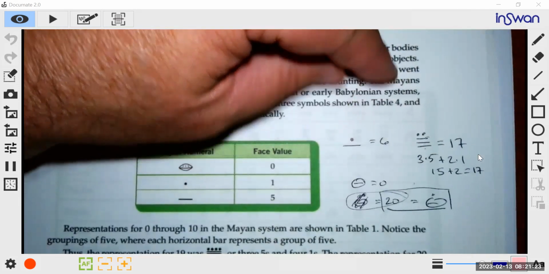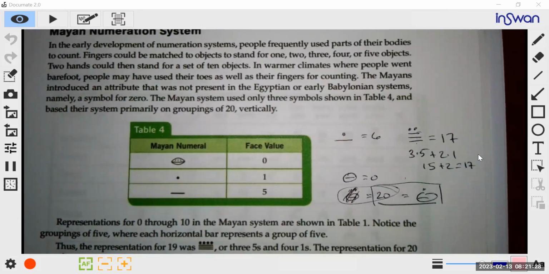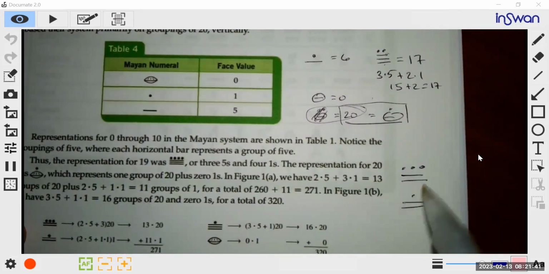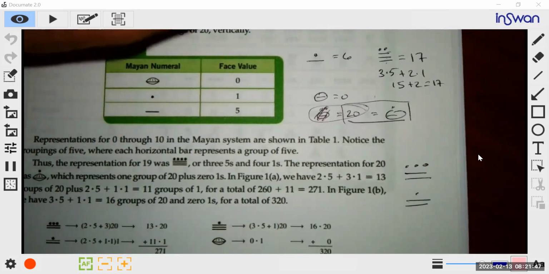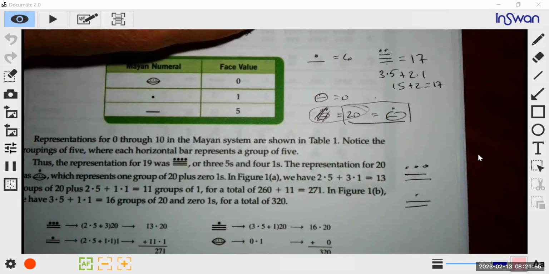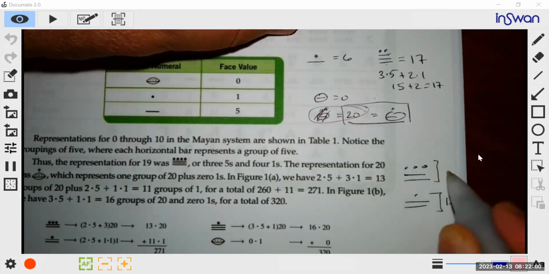All right, so let's look at this number. If we had this numeric system, this number. Remember, it's a vertical numeric system. This is the 1s. These are the 20s.